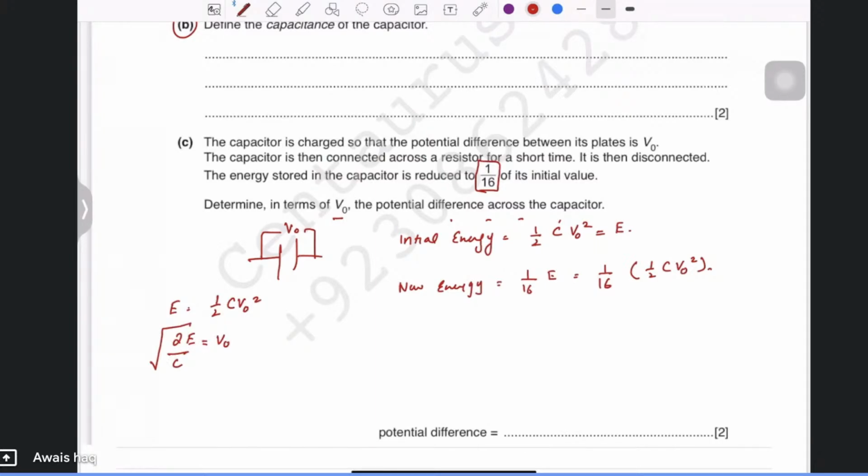Now, when I'm finding the other energy, the new energy, so that's E new, this is going to be 1/16th of E, which is equivalent to half C times the new voltage square. You guys agree?